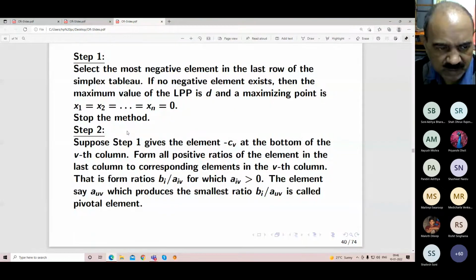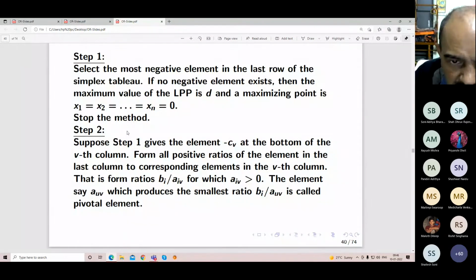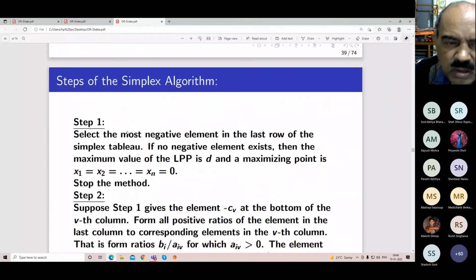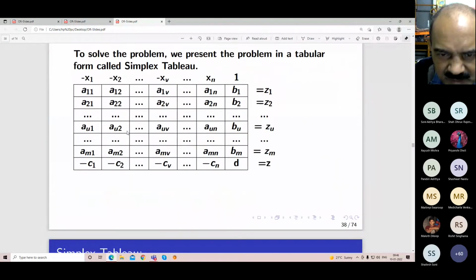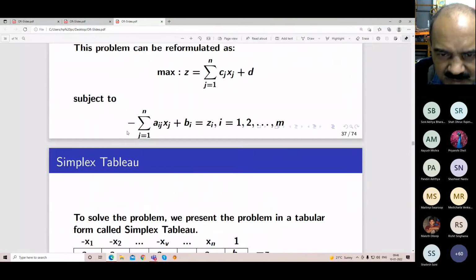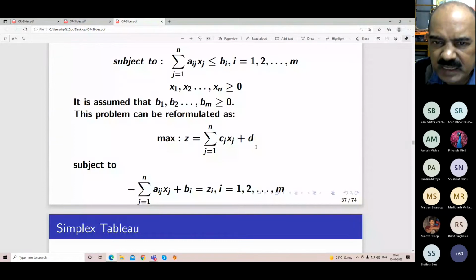Stop the method. Sir, if D is more negative, then should we select D, or do we have to select only from the first n elements? You are talking about D. No, see here, D is a constant. Generally we will not bother whether it's minus 100 or plus 100, it hardly matters.